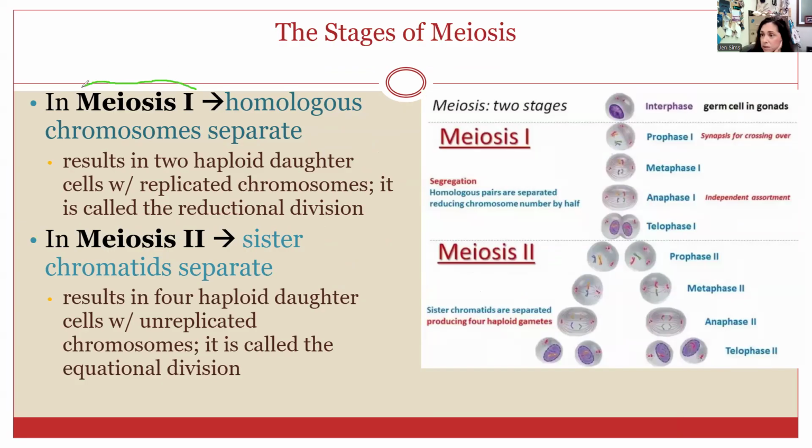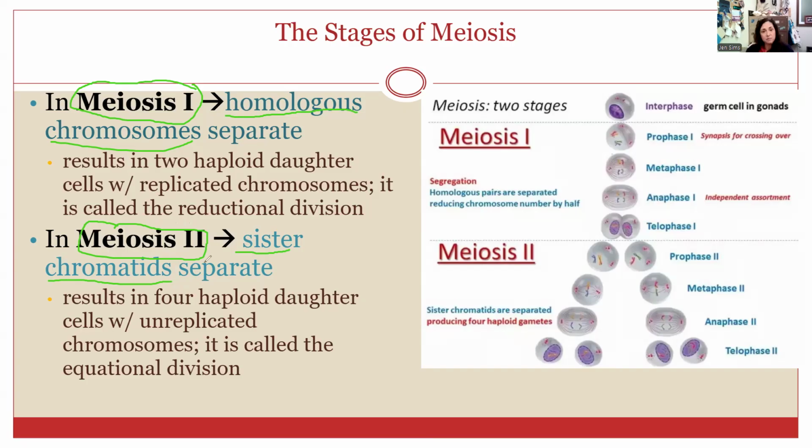So in meiosis 1, you've got a separation of homologous chromosomes. In meiosis 2, you have a separation of sister chromatids, okay?